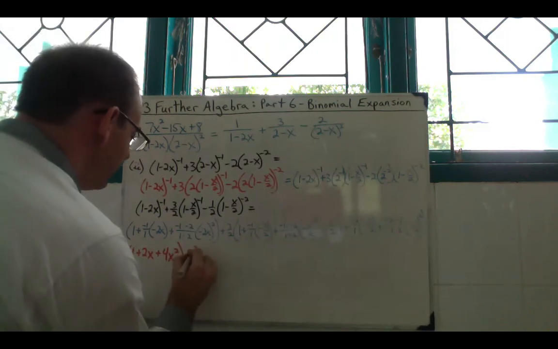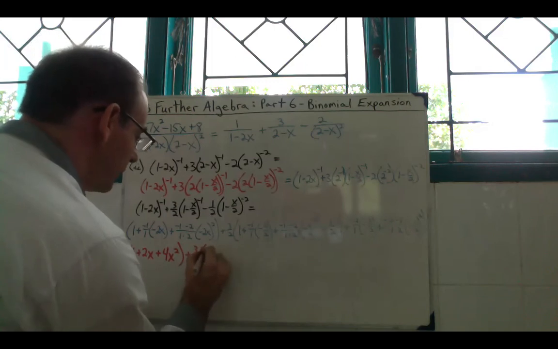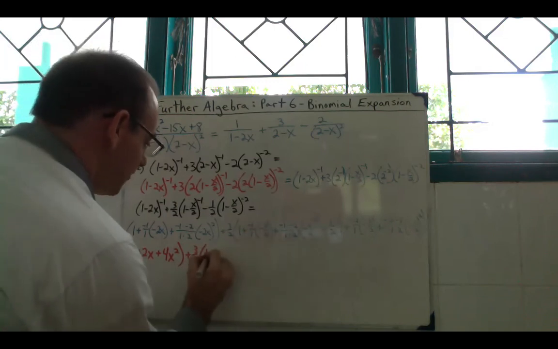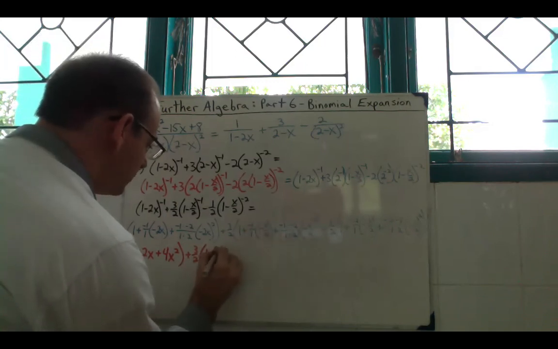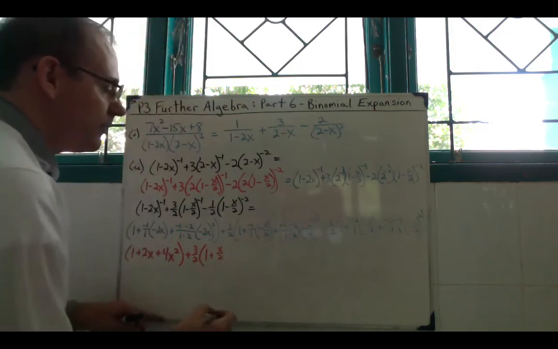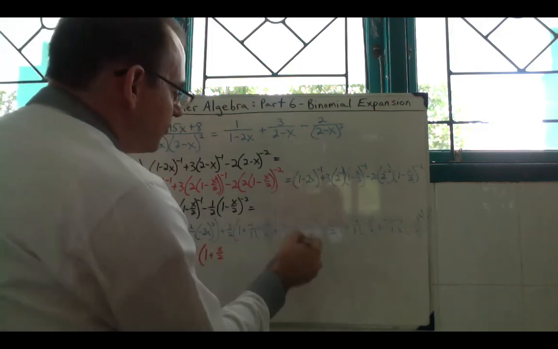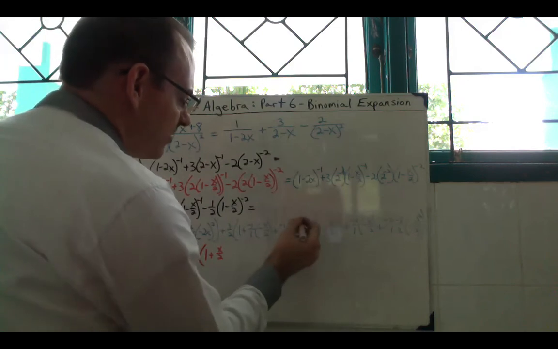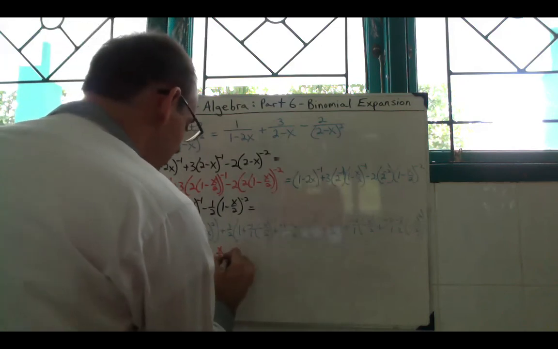plus 3/2, 1 plus x/2, 1's cancel, 2's cancel, negatives cancel, this one cancels, x squared over 4.